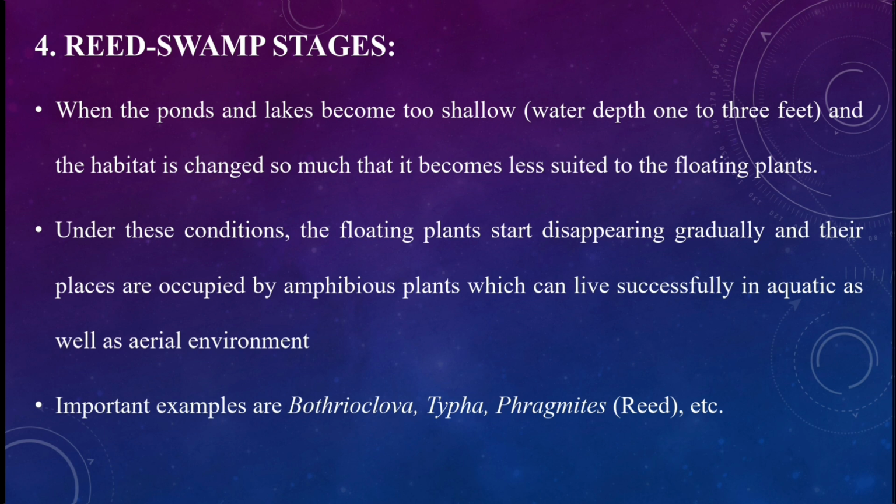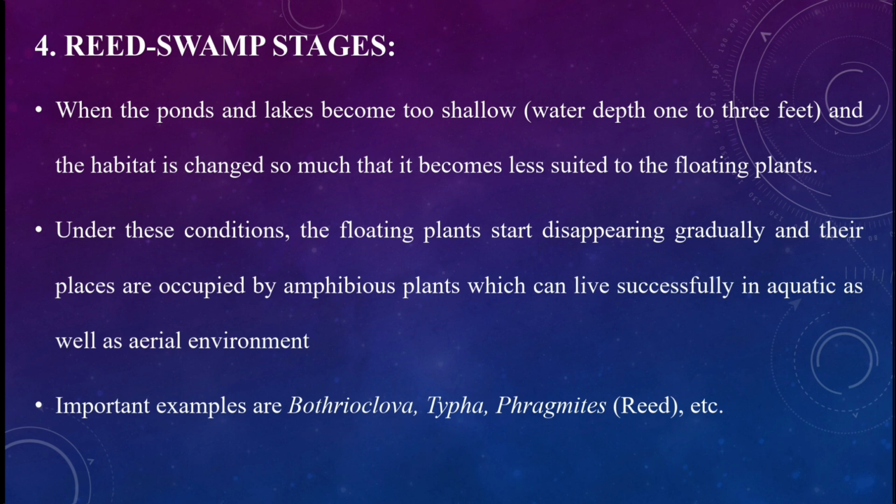Next, reed swamp stage. When ponds and lakes become too shallow, when water depth is 1 to 3 feet and the habitat is changed so much that it becomes less suited for floating plants because water is present in very small amounts.